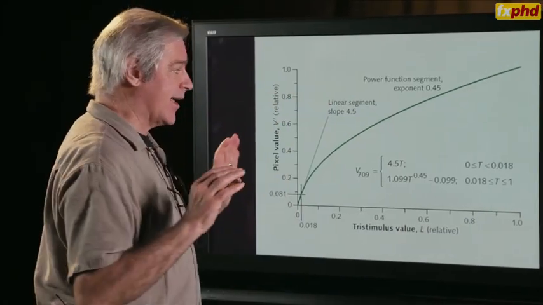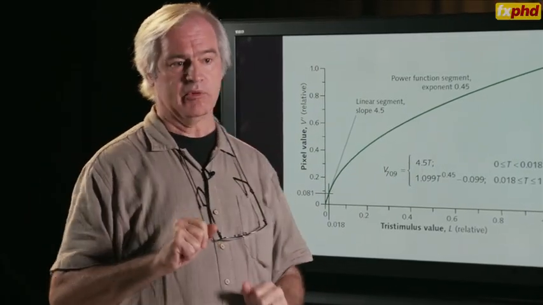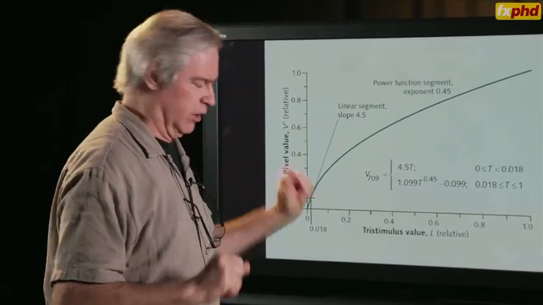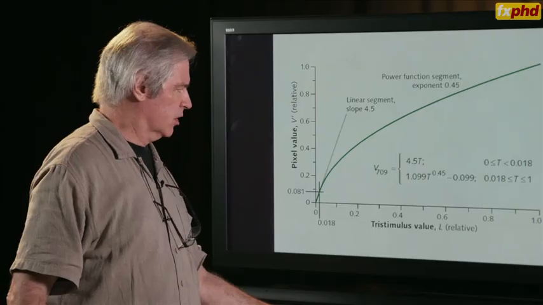Now, the standard that we used to think was appropriate was this one. It's the 709 standard. The standard itself doesn't provide this graph, but it provides the equations, and it's trivially easy to draw the graph from the equations.